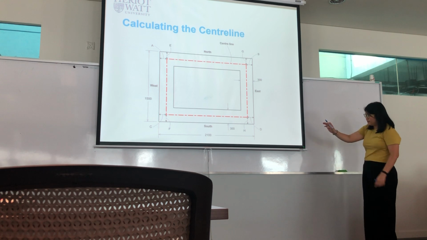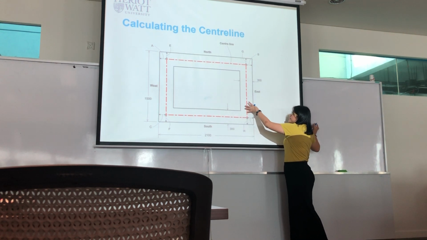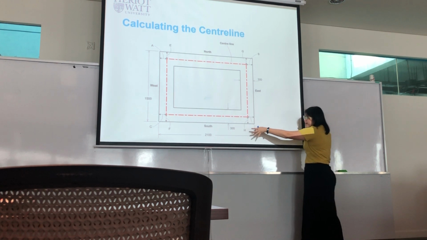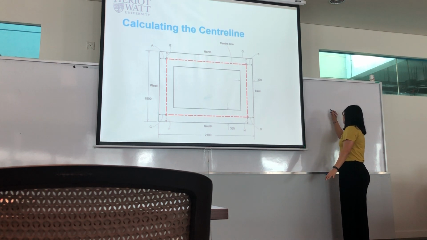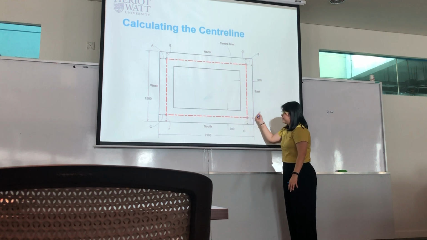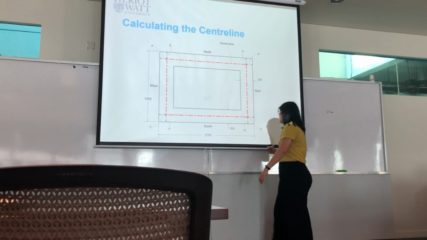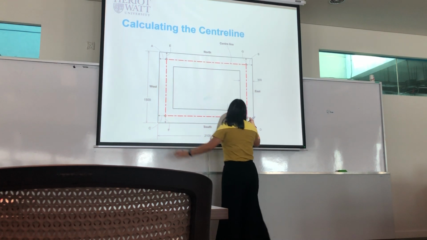How to do this? Okay, so this is 300, 300. This is both, because both cases are 300. So it'll be 300 minus 1 over 2, because this is half of it, right?